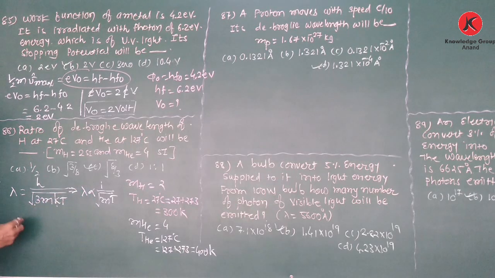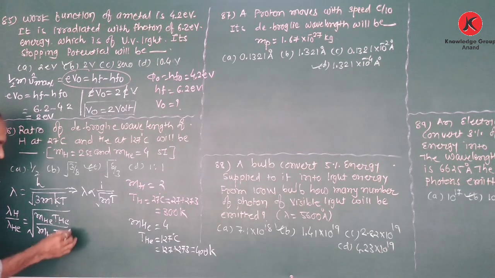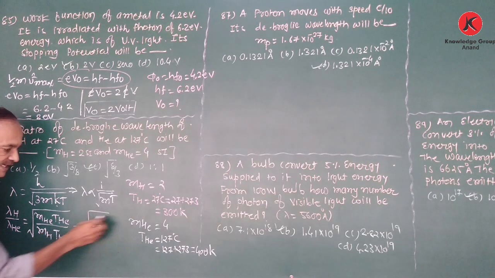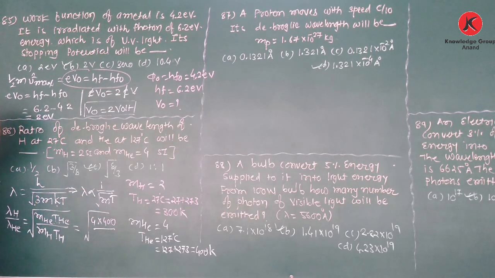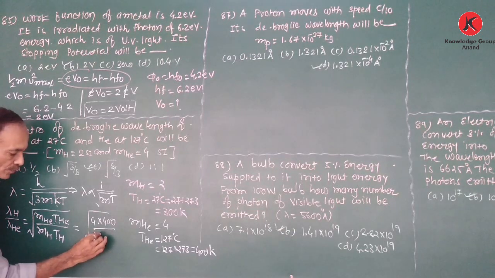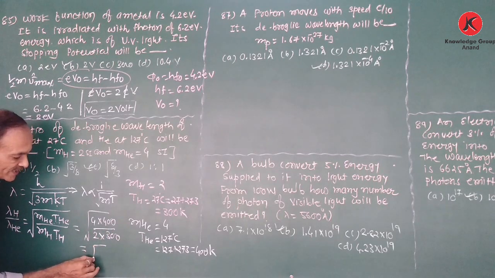So using this equation, we can write lambda for hydrogen to lambda for helium is equal to under root of m for helium into T for helium upon m for hydrogen and T for hydrogen. Therefore, we obtain mass of the helium 4, temperature of the helium 400, divided by mass of the hydrogen 2, temperature of the hydrogen 300. Therefore, root 8 by 3.